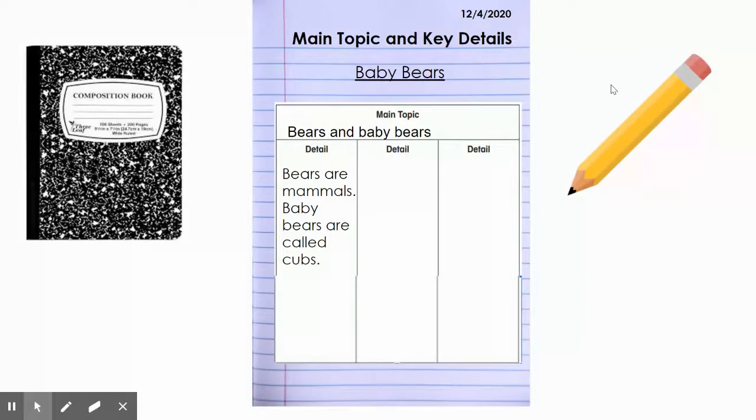Later on in the story, we will learn a little bit about panda bears and grizzly bears and polar bears. But remembering that our main topic is about all bears, we need to make sure that all of the details we include can be true for all bears and baby bears. All right? So press pause if you need to complete this section and press play when you are ready.